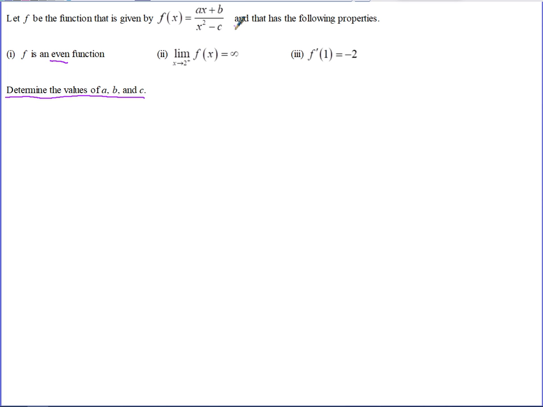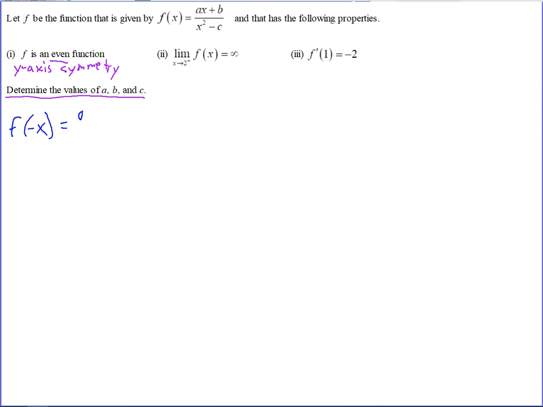All right, so let's remember the fact that it's even. Remember that means it's symmetrical about the y-axis. Remember the way you test for y-axis symmetry with an equation, since we don't have the graph of it exactly, is you substitute in negative x for x.